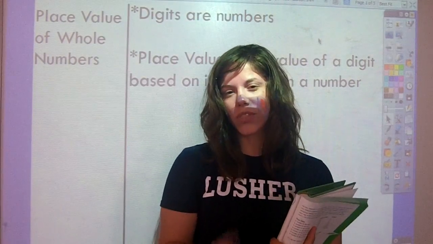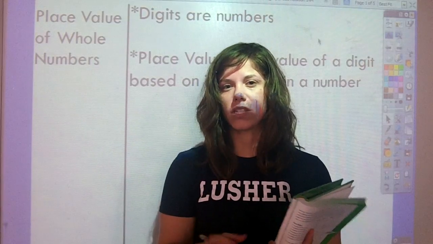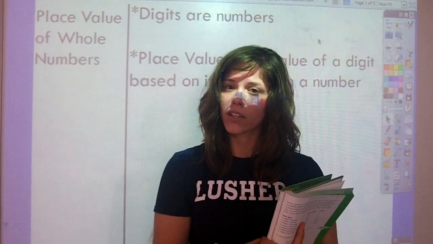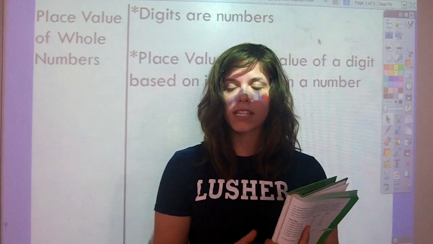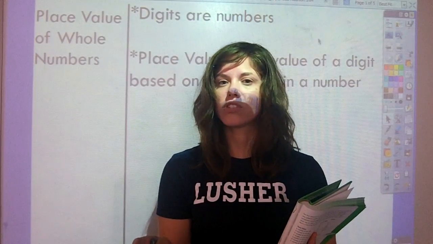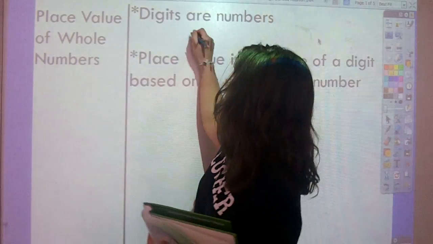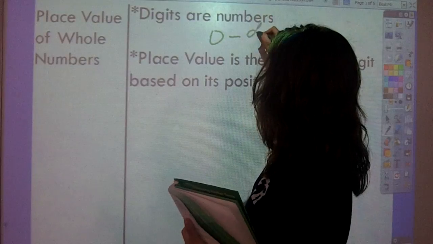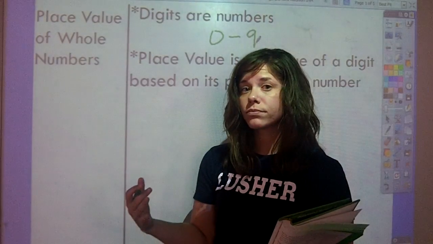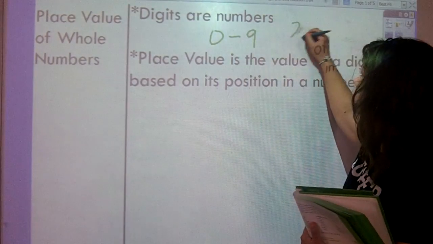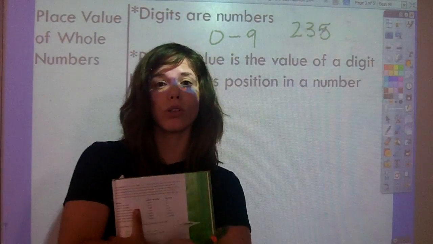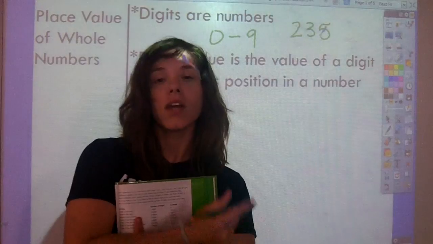For place value, there are 2 vocabulary words that you need to understand. One is digit and the other is value. A digit is simply a number, 0 through 9. So for example, in the number 235, there are 3 digits, 2, 3, and 5.